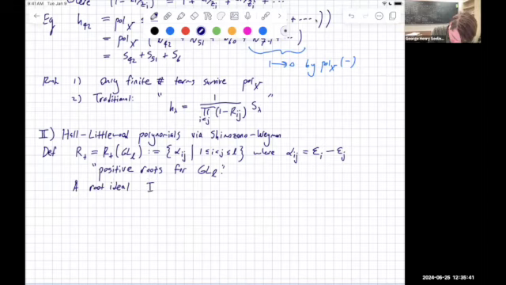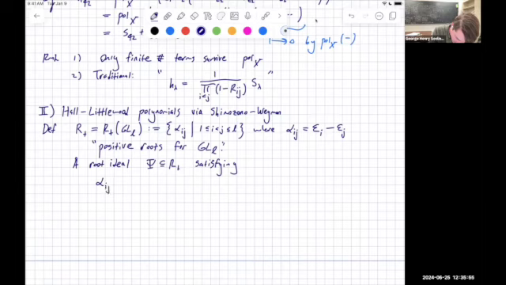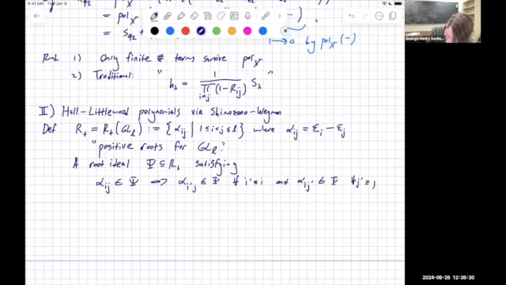So a root ideal, maybe I'll call it capital psi, is some subset of these positive roots, satisfying that if alpha ij is in my root ideal, then I also need to have all of the roots whose first component is less than or equal to i, so for all i prime less than or equal to i, and also whose second component is greater than or equal to the second component.